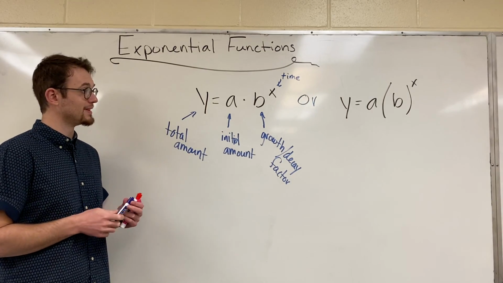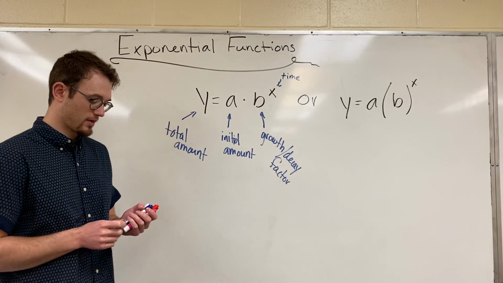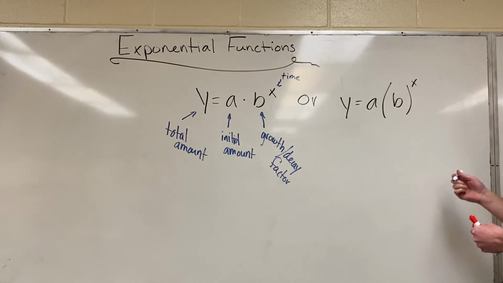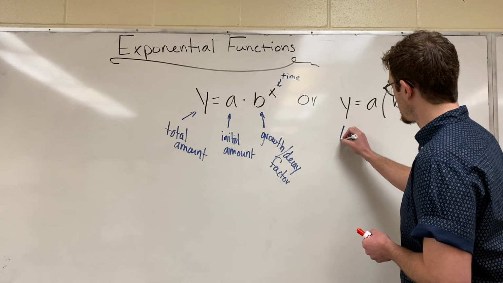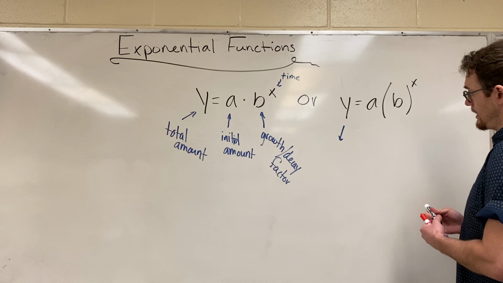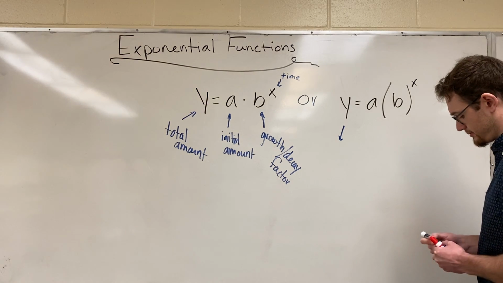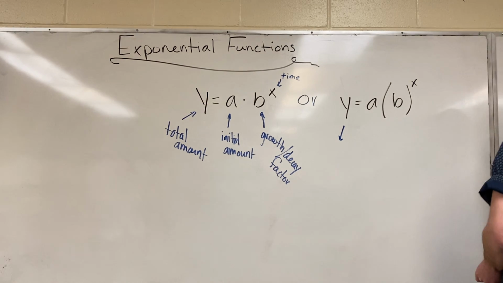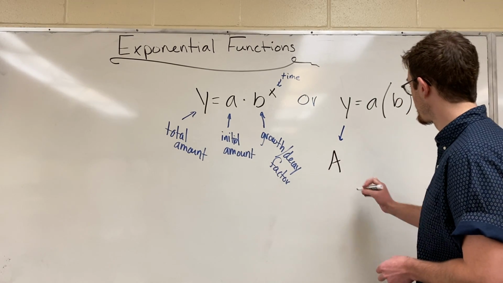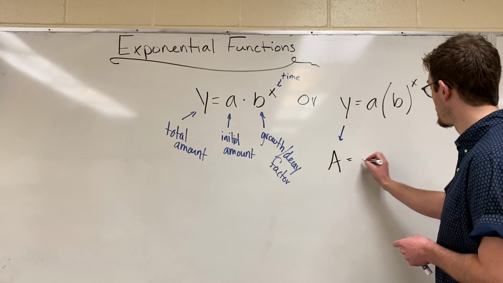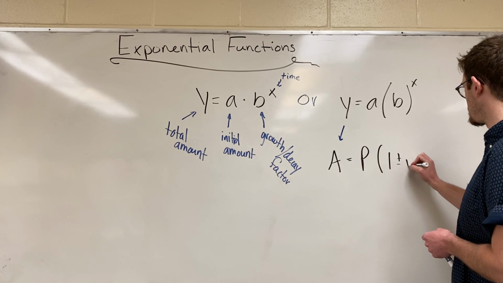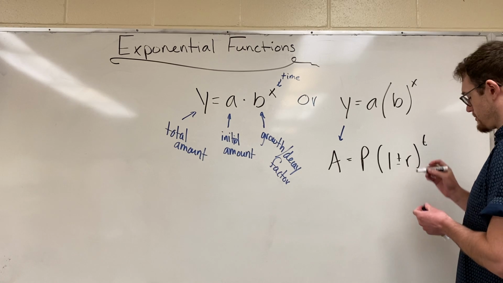All right, now we're going to move into something that is always in time. I'll go from this one. Y is going to become, oh my gosh, I gotta get rid of these two. Y is going to become A. We got P(1 plus minus r)^t.